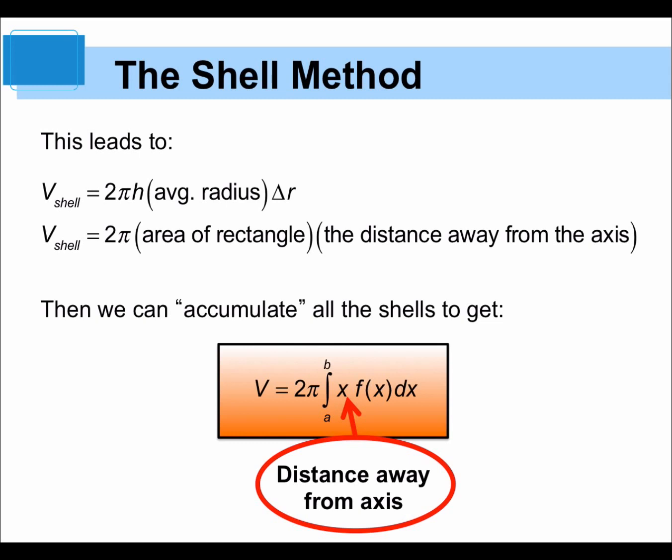Area of the rectangle. A to B is simply where you are taking rectangles from. It's like every other limit of integration. The thing that gets confusing is notice shells have 2 pi out in front. Discs and washers have only pi.